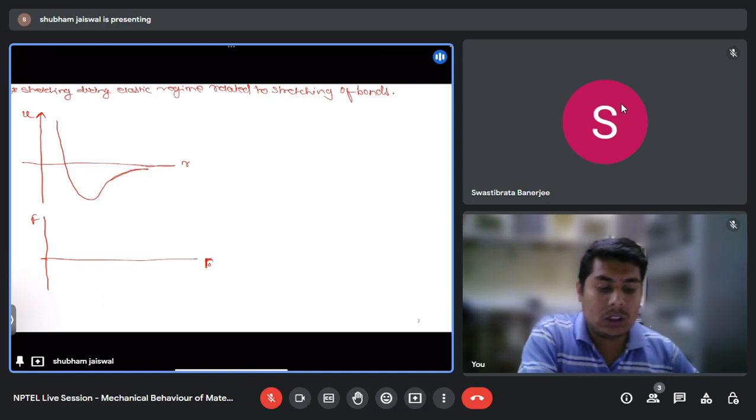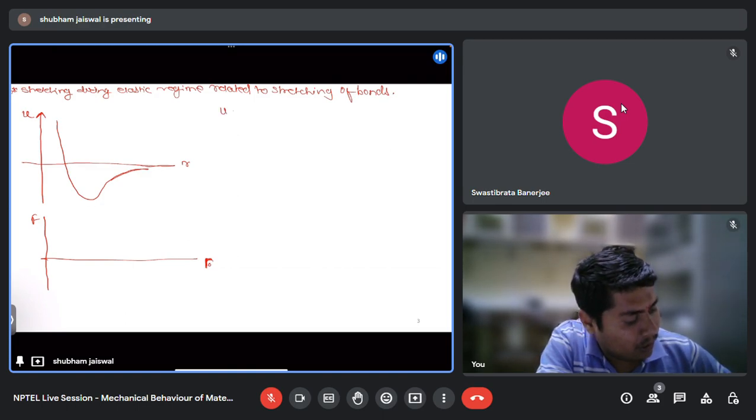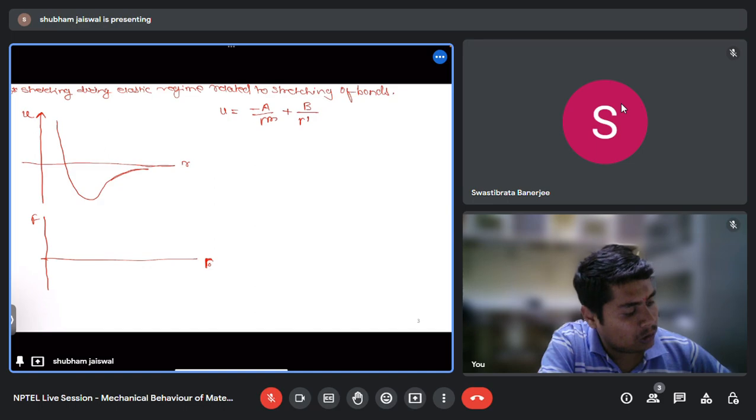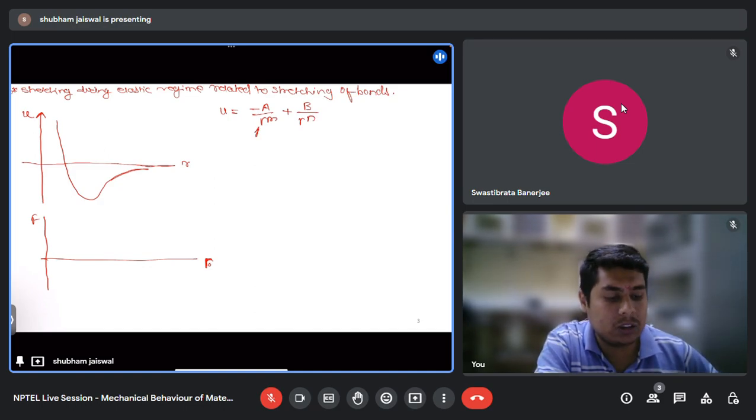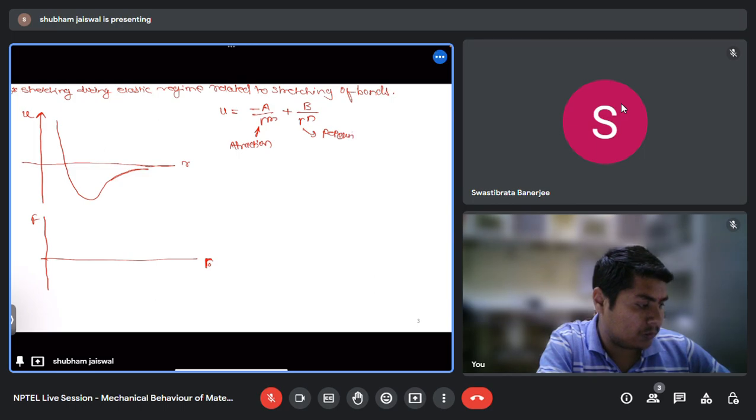This is the interatomic potential curve, and it is given by the equation U equals minus a by r to the power m plus b upon r raised to n. This term considers the attraction, and this considers the repulsion.